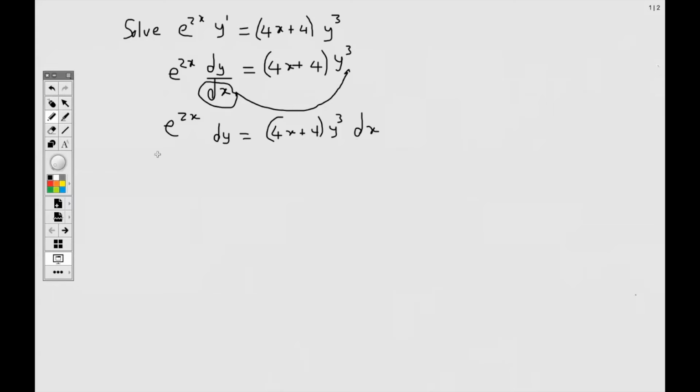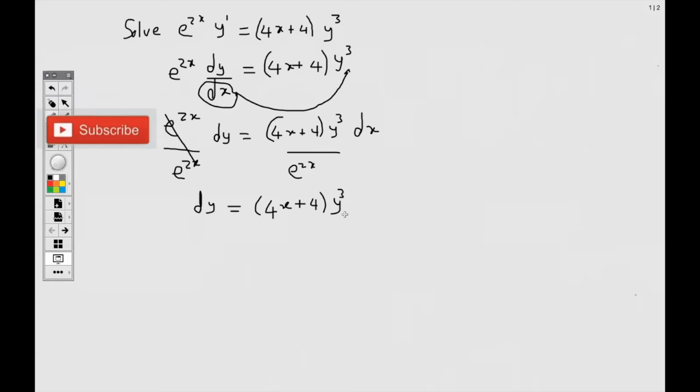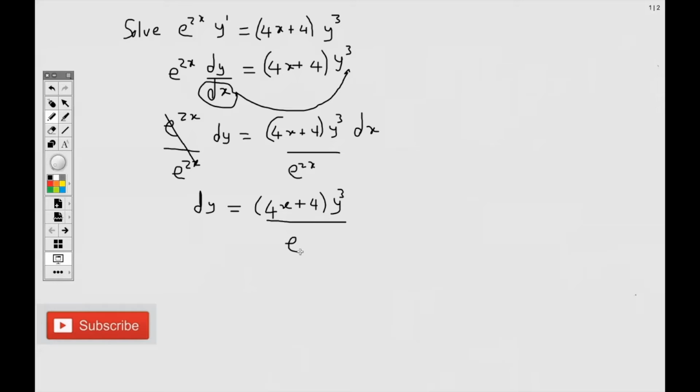So first let me get this e to the 2x on my right, dividing both sides by e to the 2x. This cancels, so I have dy is equal to 4x plus 4 y cubed all over e to the 2x dx.